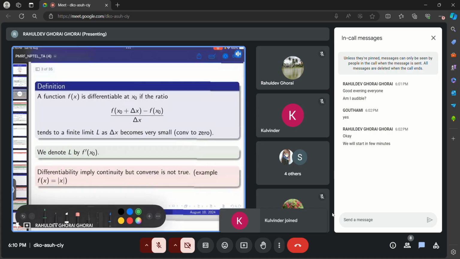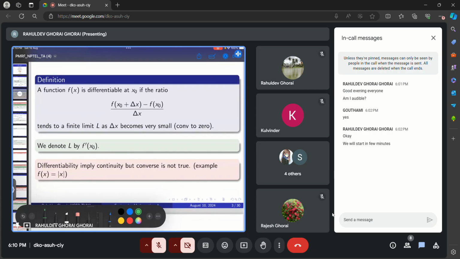Now we'll go to the formal definition of differentiability. The function is differentiable at x naught, for one variable, if the ratio tends to a finite limit L as del x converges to 0, as del x becomes very small.